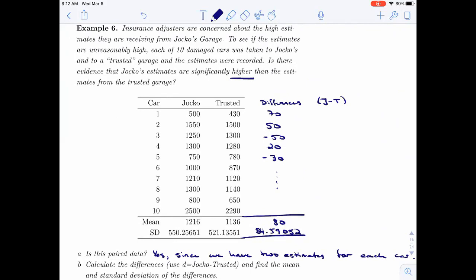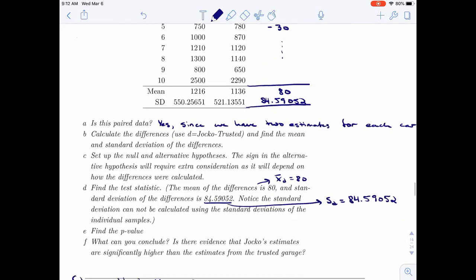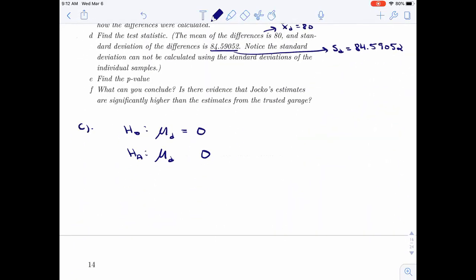Sometimes that's hard to wrap your head around, so I would just look at one example where Jocko has a higher estimate than the trusted garage, and the difference is positive, so it's greater than 0.